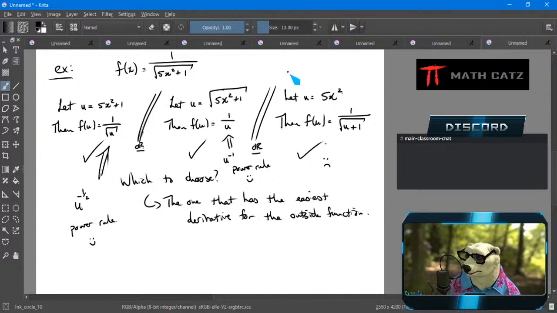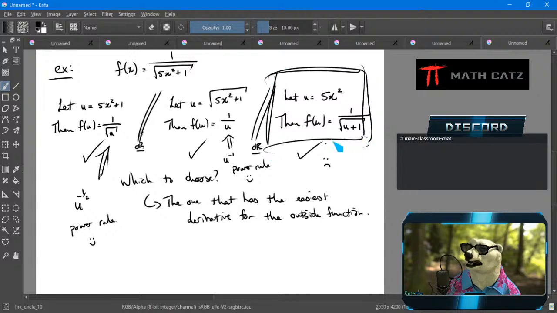If I just write down this last one, and not think about other choices that I could have had, and I want to move forward with that one, my life could be way worse than if I chose the first or second option. So I need to be able to see my options and be comfortable in deconstructing this into an inside and an outside function. Then from those, whether you write them out or you just see your options, pick one that is going to be convenient moving forward.